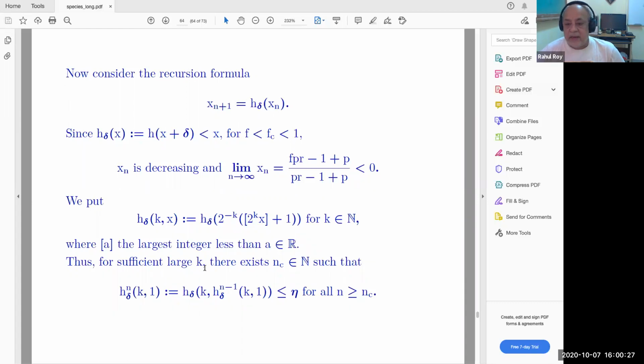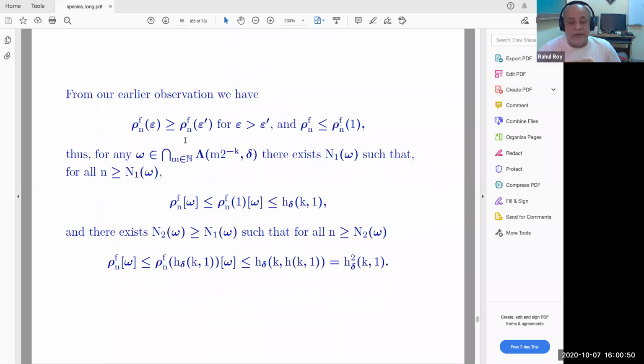Then for sufficiently large k, we'll see that there exists an NC such that h delta k at 1, which is defined to be h delta k composed n minus 1 times, the n minus 1 composition of h delta k at 1, is less than eta for all n bigger than or equal to NC.